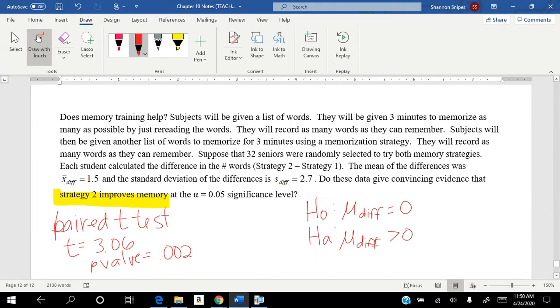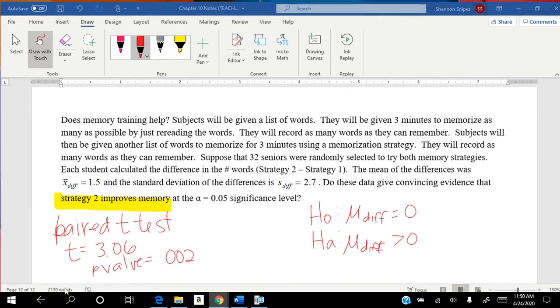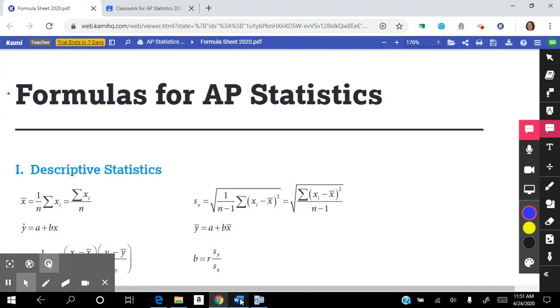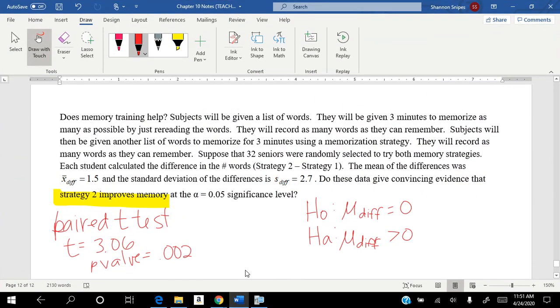So we have significant evidence to, hang on a second. All right, so since our p-value is less than our alpha level, 0.002 is less than 0.05, we will reject the null hypothesis. We have convincing evidence that strategy 2 improves memory.